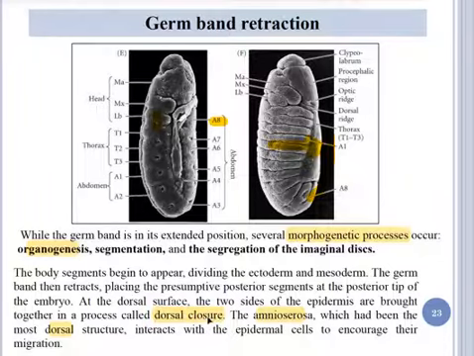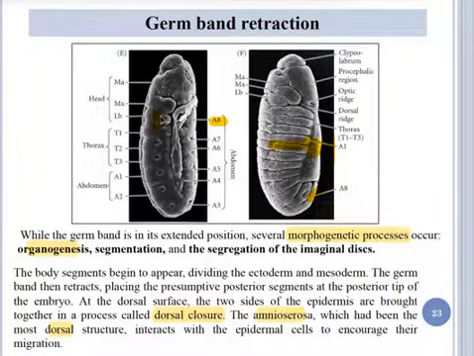This process happens during the gastrulation. By the end of the gastrulation, it's called dorsal closure because it will close the dorsal side of the embryo by the fact that ectodermal cells will cover completely the amnioserosa. So I will show you the three movements of ectodermal formation by the following video.